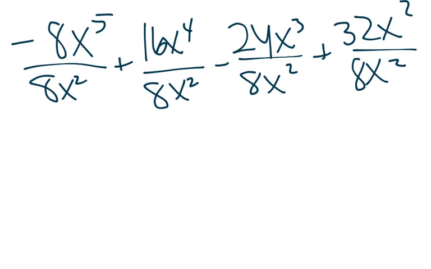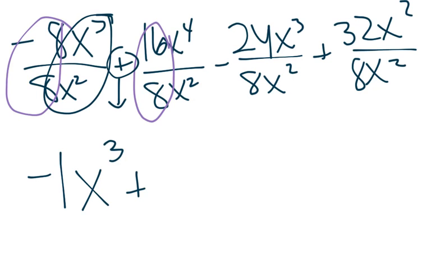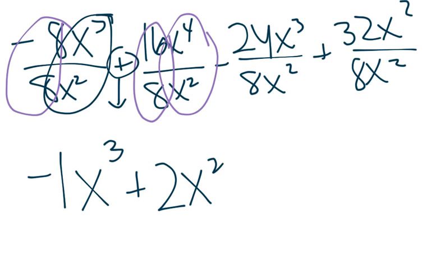Okay, so let's take a look. So negative 8 divided by 8 is negative 1, and x to the 5th divided by x squared is x to the 3rd. 16 divided by 8 is 2, so we're going to carry down this plus sign and say plus 2. And x to the 4th divided by x squared is x squared. What we're doing is we're just subtracting the exponents.